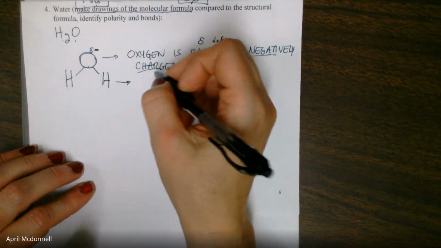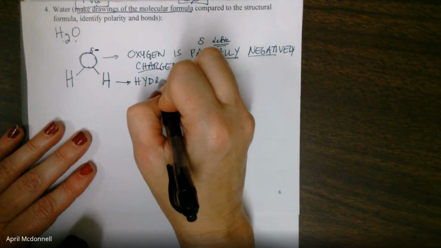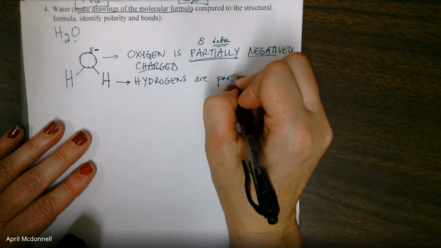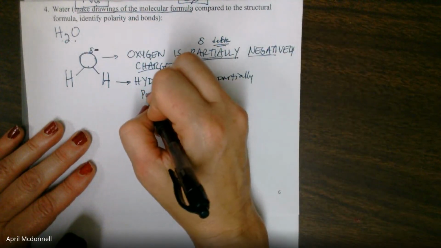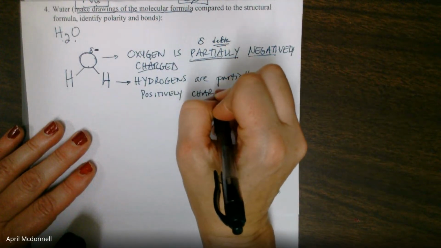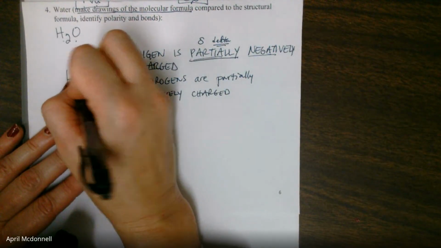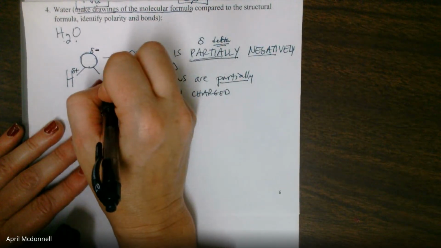Our hydrogen atoms are partially positive charged. So I'm going to put some little plus signs, and I also have to add my Greek symbol, delta, which indicates it's a partial charge.